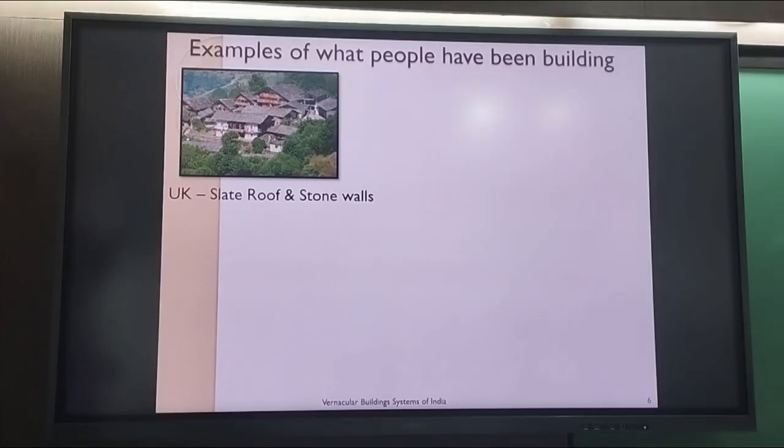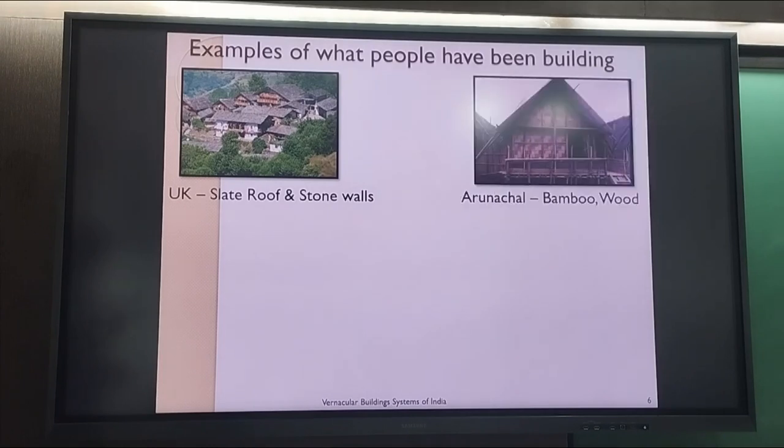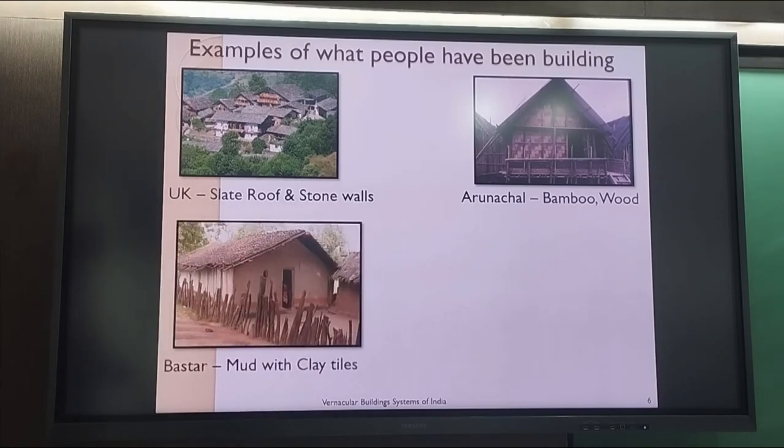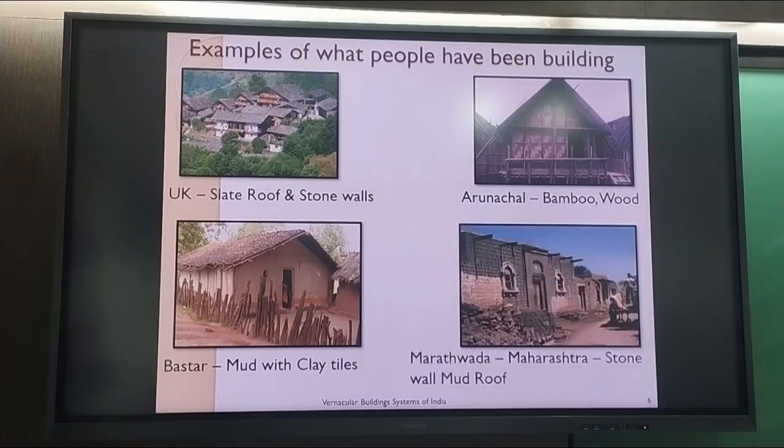Some more examples. In Uttarakhand, you often have slate roof or stone roof and stone walls. Go to Arunachal in the northeast, and there are some absolutely fantastic houses made of bamboo and wood. And go to Bastar, and you find a lot of mud houses with clay tiles, locally made.